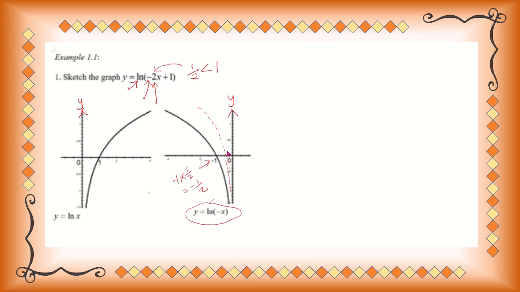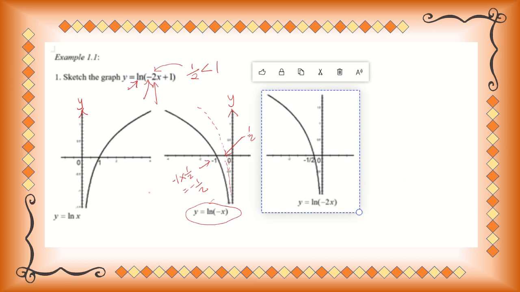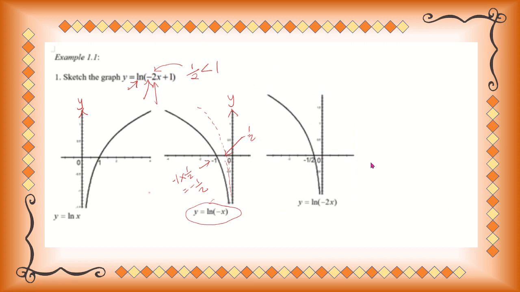So this value will become -1/2. After the enlargement, the graph looks like this one. We can see that this is the graph for ln(-2x).